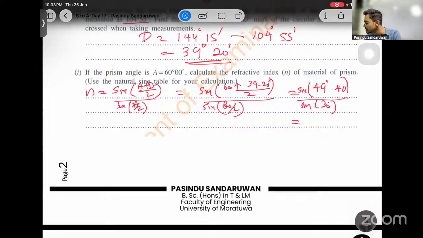Let me share the value. Sine 49 40. You can check it from the sine table.